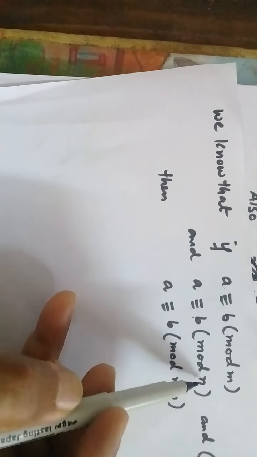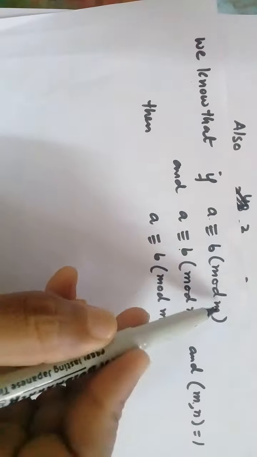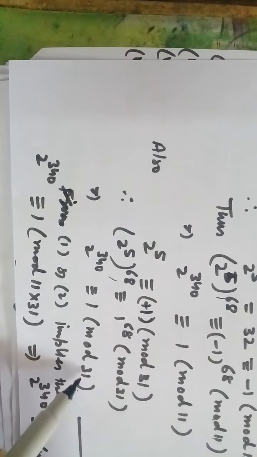We know that if A is congruent to B modulo M and A is also congruent to B modulo N, and the GCD of M and N is 1, then we can write that A is congruent to B modulo M into N. So here we use this result because the GCD of 11 and 31 is 1, so we directly multiply the moduli. This is theorem number 7 in your book.